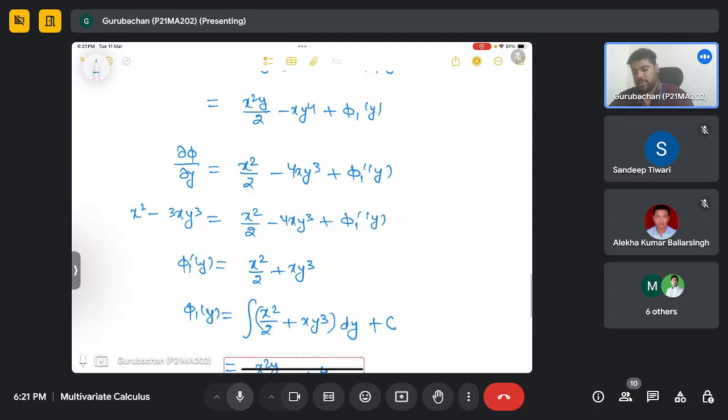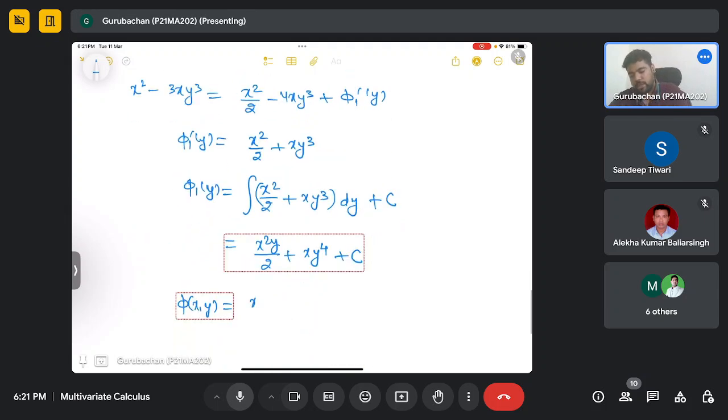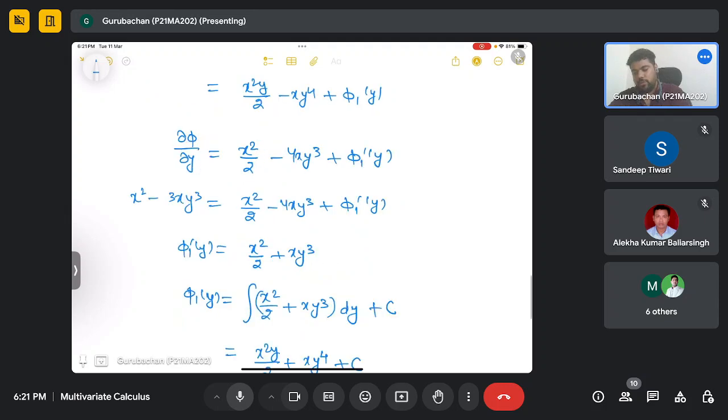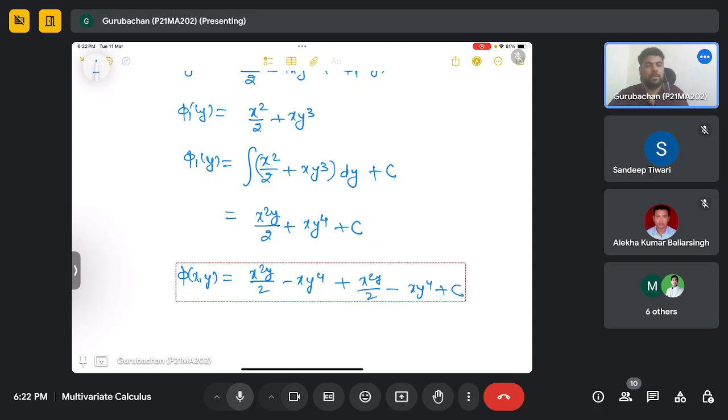And what is phi x y? Phi x y was x square y by 2 minus xy to the power 4. So this will give us plus x square y by 2 minus xy to the power 4 plus c. So am I doing this correctly? Is there any calculation error or something? Anyone can suggest in between.